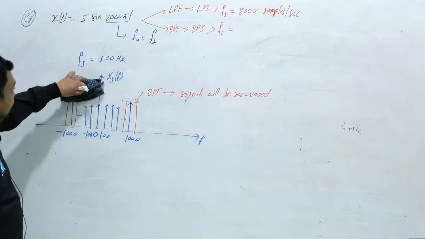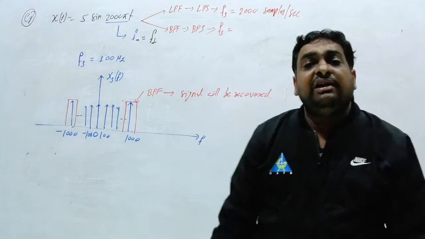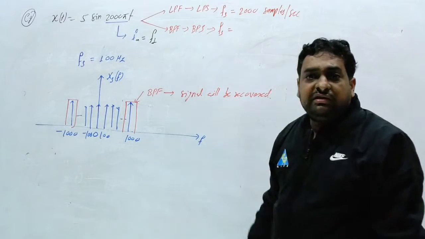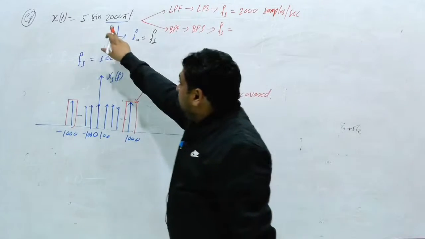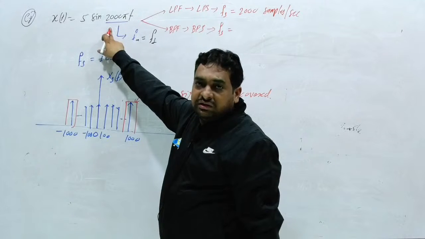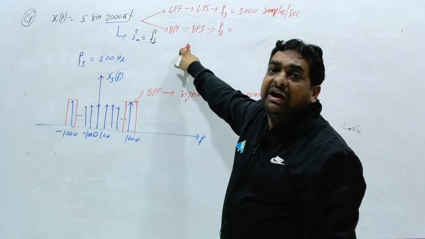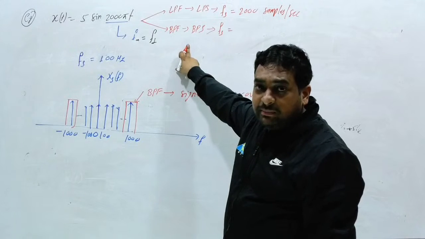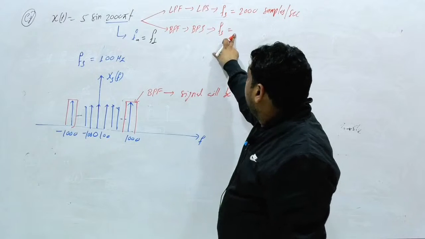So if you assume fs is equal to 100 samples per second, with only 100 samples you can again receive your original signal. So remember, if you have a sinusoidal or cosinusoidal signal and you assume a band pass filter, what will be the minimum sampling frequency?